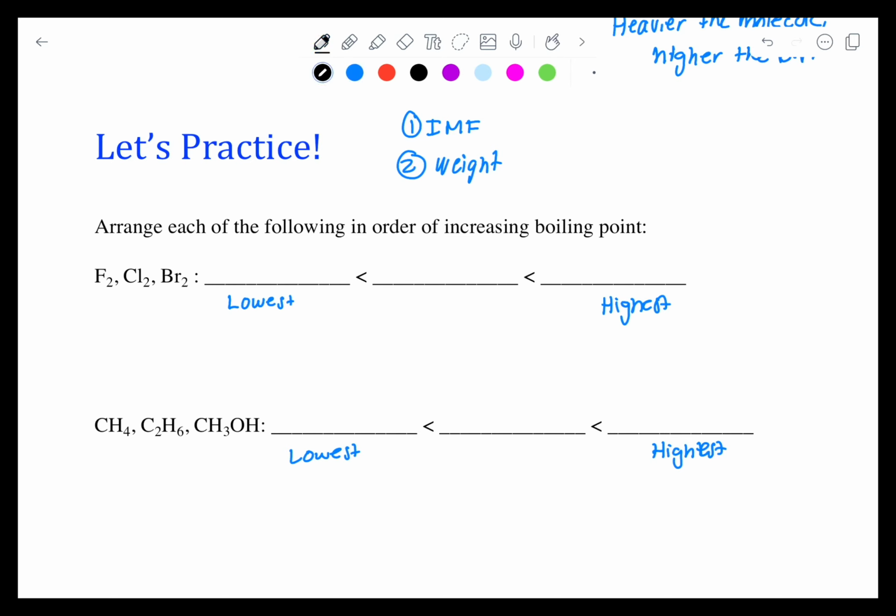Our first example here is one where all the intermolecular forces are the same, so we have to just look at their masses. We have F2, Cl2, and Br2. They all have dispersion.